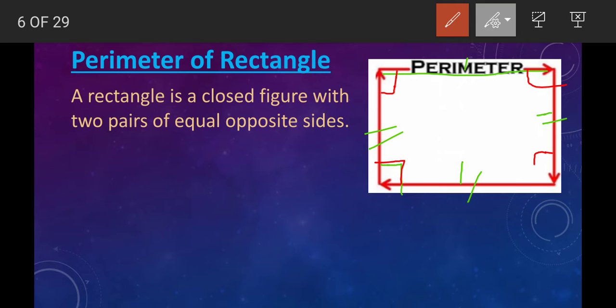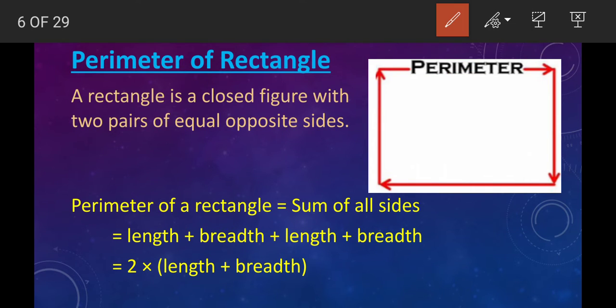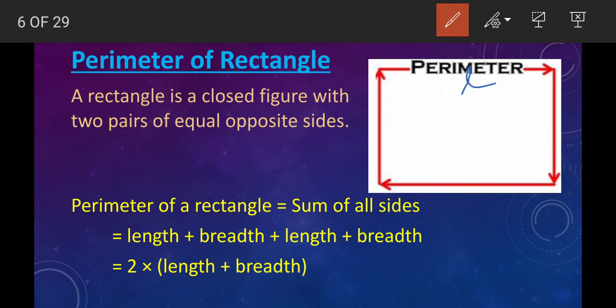Here we have to find the perimeter of this figure. The longer side is known as length, I am writing L here, and the shorter side is known as breadth. Perimeter of rectangle equals the sum of all sides, as it is a figure made up of line segments.